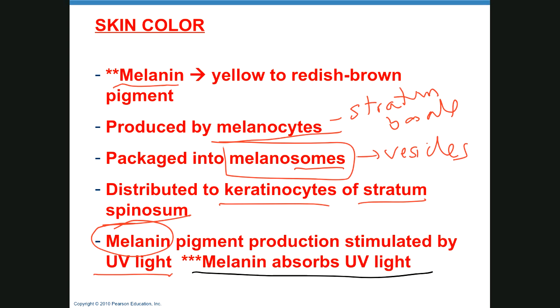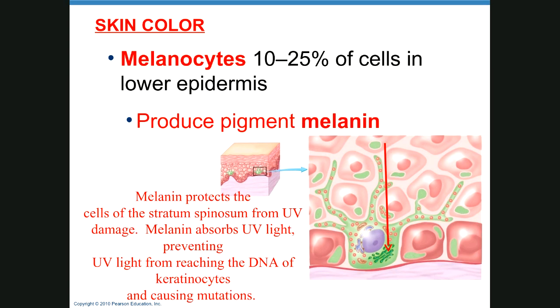It's obvious that people that live in tropical areas are more exposed to UV light, so they must have darker skin, they must have more melanin because they're exposed to more UV light. On the other hand, people that live in areas that don't have as much sun, like Nordic countries in Europe, for example, have lighter skin because they don't have the UV light exposure, and so they don't have as much need for the protection.